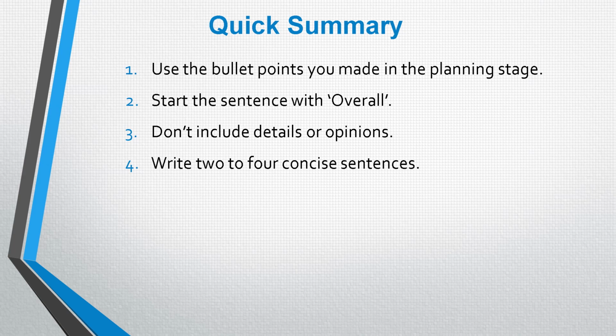You can use this process for all the different types of visual data that you will come across in the test, and you'll see examples of this process throughout the forthcoming videos, so you'll see how to do this for each type of graph, chart, table, or combination of those that you're likely to come across. But that is the basics of how to write your overview paragraph.